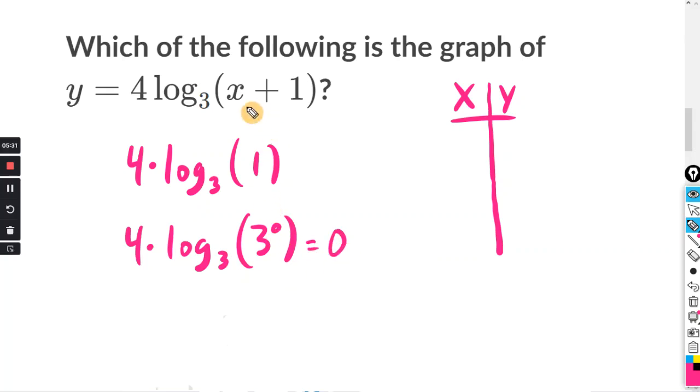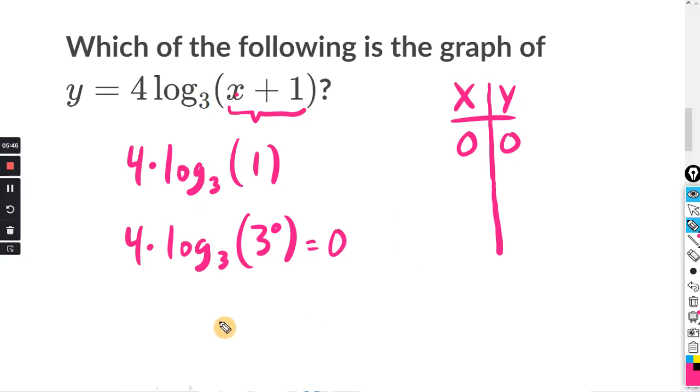So what value of x would make this equal to 1? Well, if x were 0, that would make this 1, and then the whole thing would equal 0. So 0, 0 is one of the points.